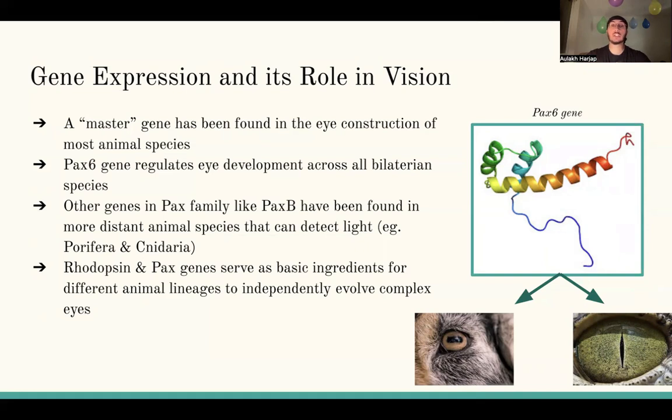This gene, along with others in the retinal determination network, not only initiate eye formation, but they show deep genetic homology across animal groups. Homologous genes like PAX6 not only originated in early metazoans, but they've been preserved over time, with evolution adapting them to their specific visual needs for different lineages. This genetic conservation across species highlights how a shared ingredient list allowed for different lineages to independently develop complex eyes, each adapted to their own unique environments.